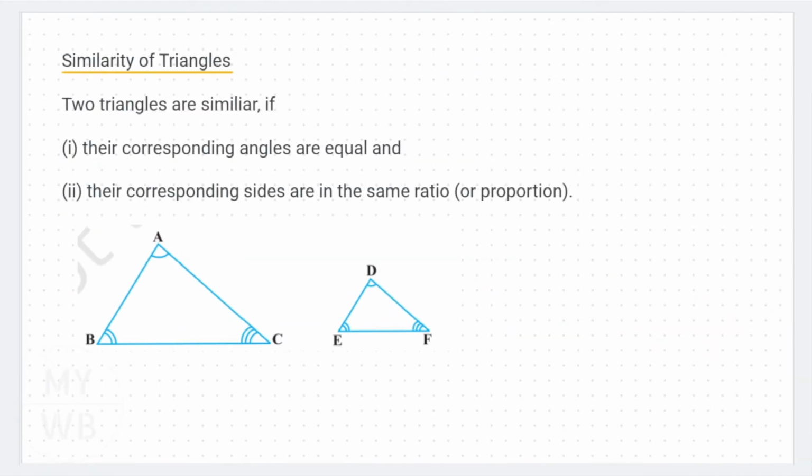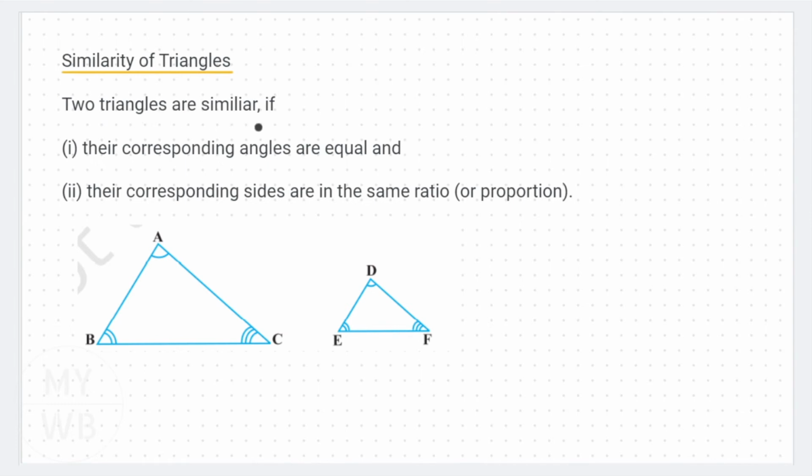Next, similarity of triangles. First we saw similarity in quadrilaterals with an example. Here let's talk about triangles in specific. In a triangle we have three angles and three sides. So for similarity between two triangles, we will be talking about three pairs of angles and three pairs of sides, corresponding angles and corresponding sides.